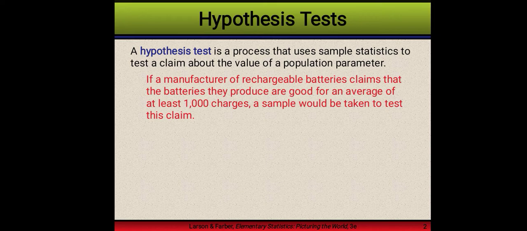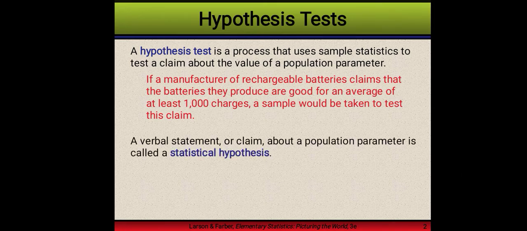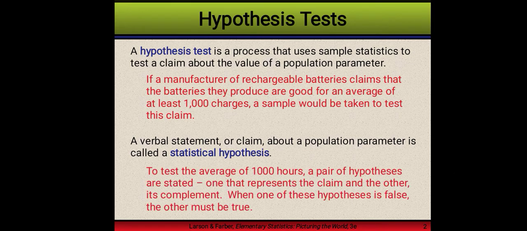Or for example, we have to determine if it is correct or incorrect that the manufacturer of the said rechargeable batteries claims that the batteries they have produced have an average charge of 1,000. A verbal statement or claim about a population parameter is called a statistical hypothesis.